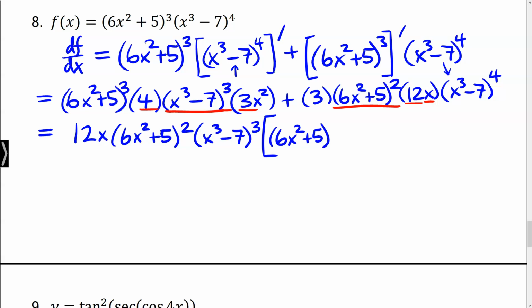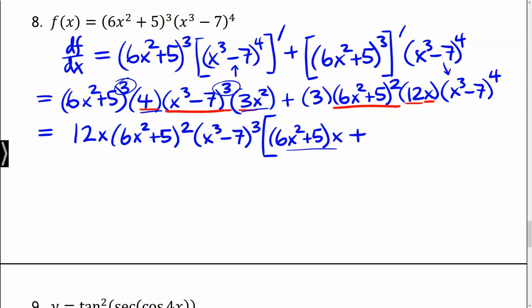But because this only has 12x squared, there's also another factor of x there. So if I distribute this through, that makes 12x squared, which is what we have here. And then we've got the right power, so we got the power up to 3 there. And then we have this power we already factored out. So that's what's left over from the first.